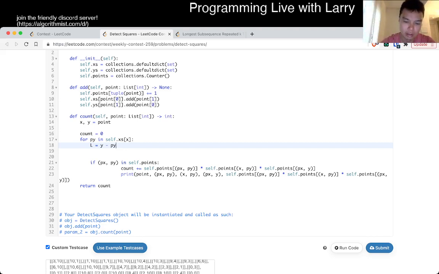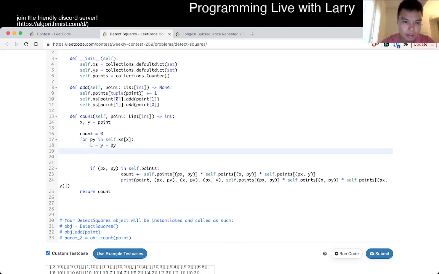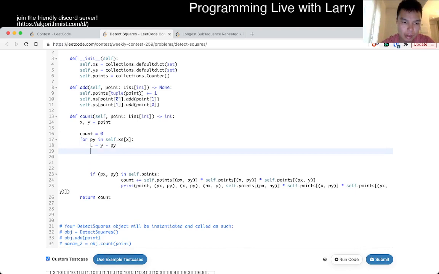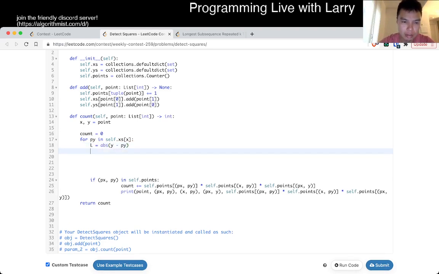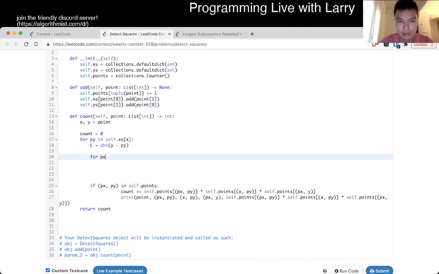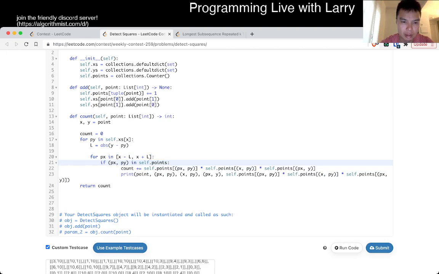So then you have px in x minus L and x plus L. So then now we can do something like this.